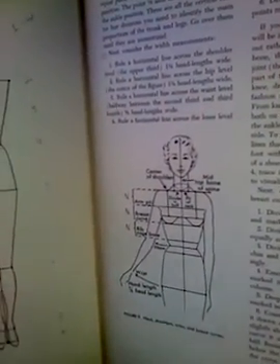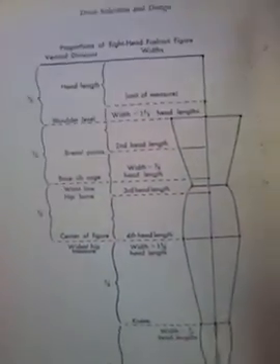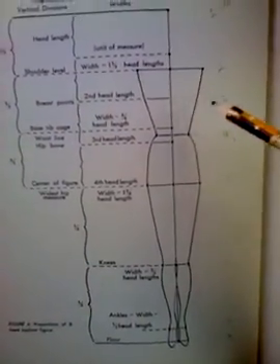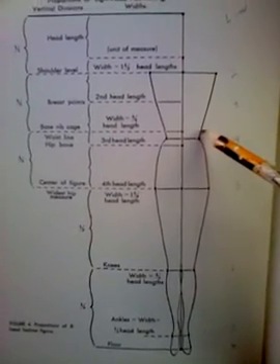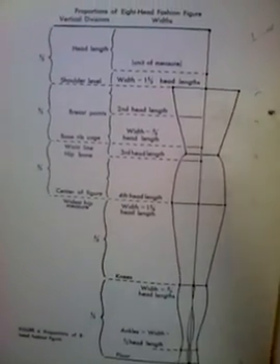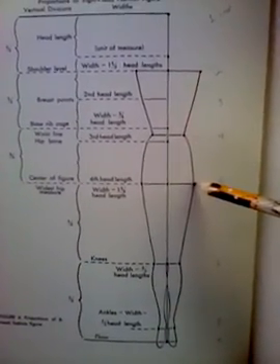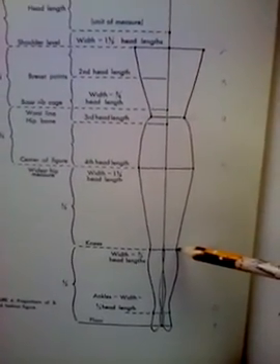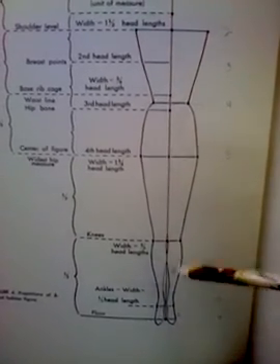So for vertical, the different points were the head, then the shoulders, then the breastpoint, then the base of the rib cage, which is the waistline, then the widest point of the hip bone, then the knees, then the ankles, and then your toes.